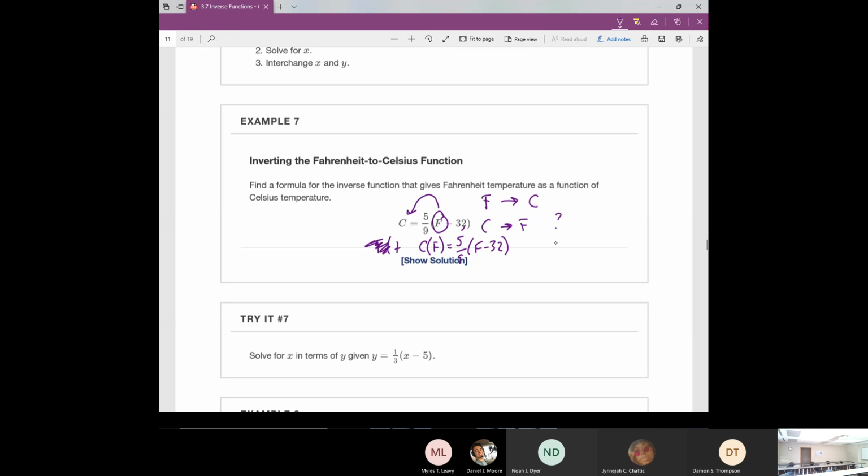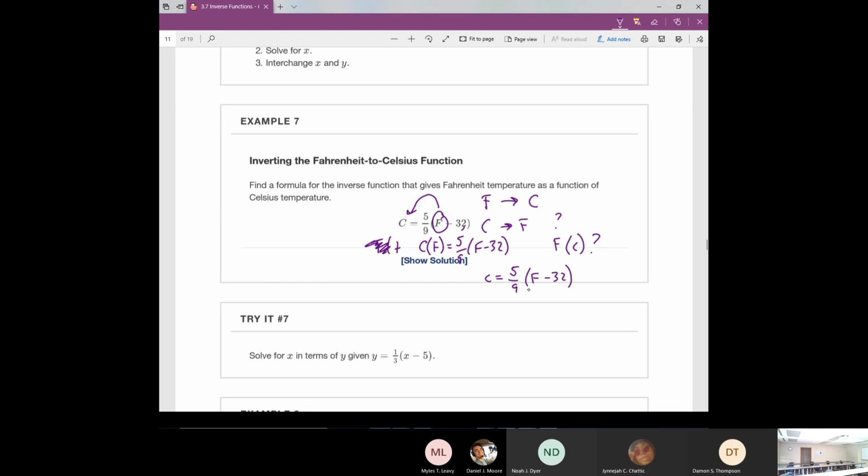But if I want the function, what is Fahrenheit in terms of centigrade input? Well, I just solve that in terms of F. So C equals 5/9 (F minus 32). So when I know what my F is, I can figure out C.